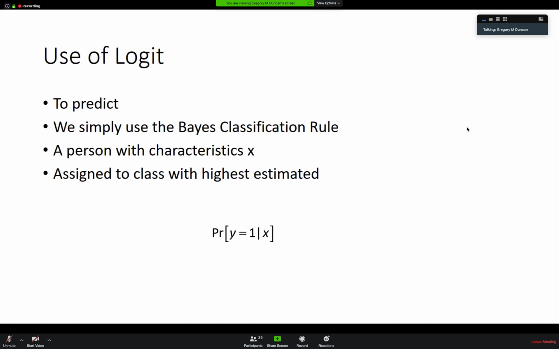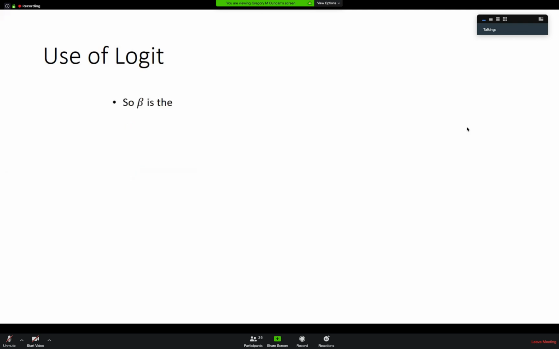So if the probability y equals 1 is greater than 0.5, goes to class 1. If it's, let's say, 0.4, that means that the probability y equals 0 is 0.6, and you would get assigned to a 0. So the beta is the percentage change in the odds for a change in X.